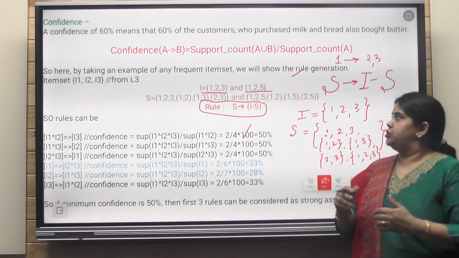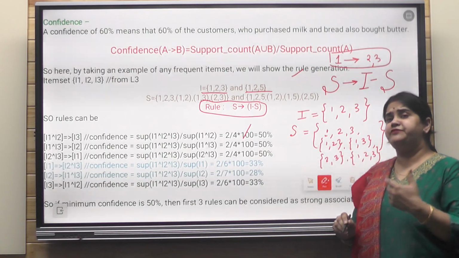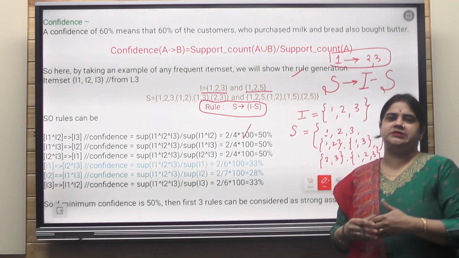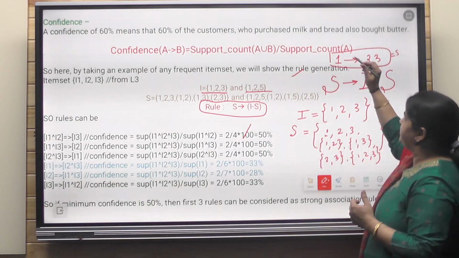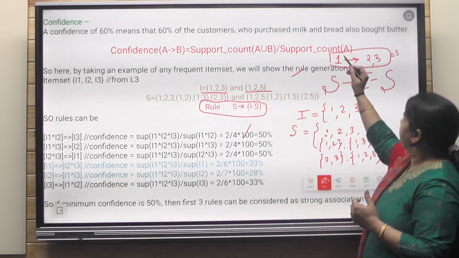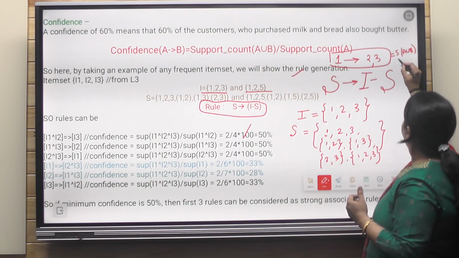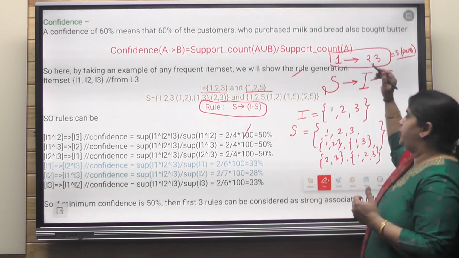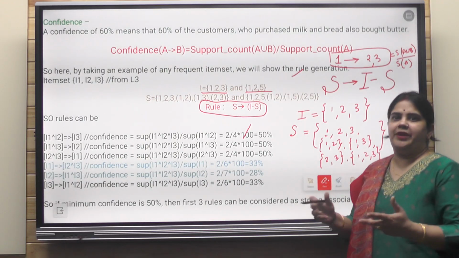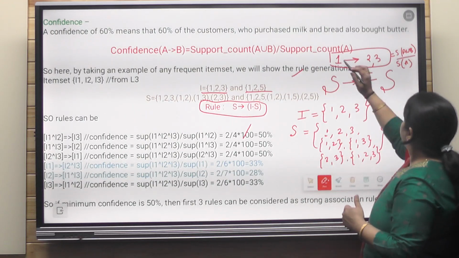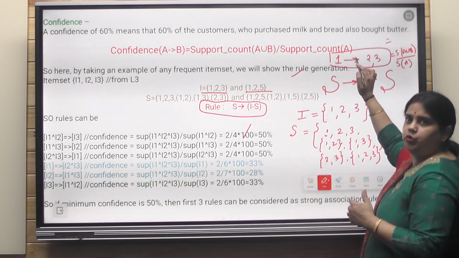Now we'll check. How do we check whether this rule is valid? If you remember the formula from the previous lecture, the confidence of this rule is calculated by the support of A union B, that is left hand side and right hand side together, and the denominator is only the support of the left hand side, that is A. A union B is the support of {1, 2, 3}.